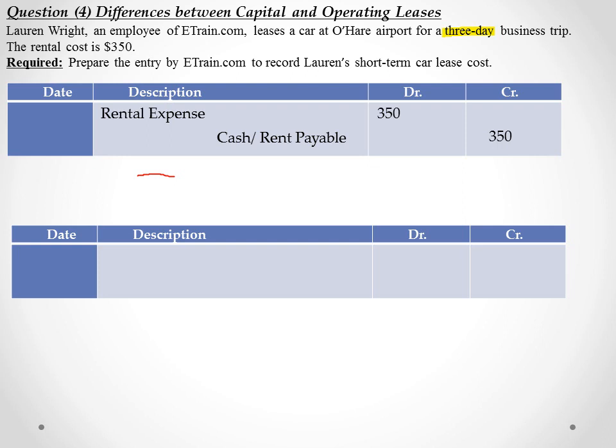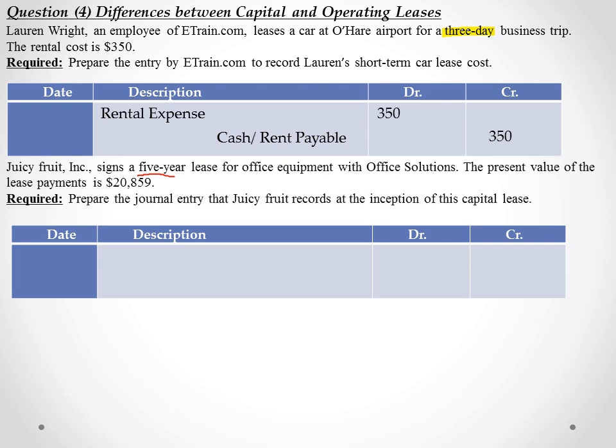So now, from the lessee's point of view, he paid cash in order to use this car. So this amount will affect two items: his expense and the amount paid as cash. So the lessee will record this entry: he will debit rental expense and he will credit cash.